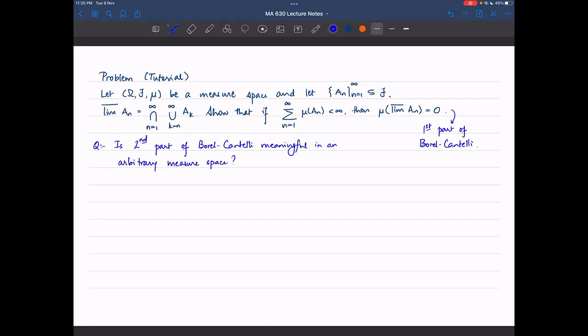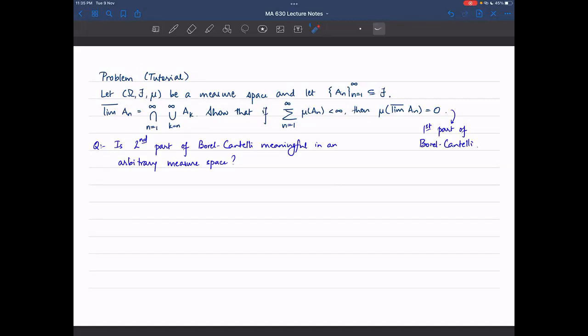Basically, what I'm trying to hint at is that the first part of the Borel-Cantelli is a purely analytic statement, whereas the second part is a certain probabilistic statement. And so I'm basically hinting that the answer to the second question is not quite. I don't want to say outright no, but the answer to the second question is no.